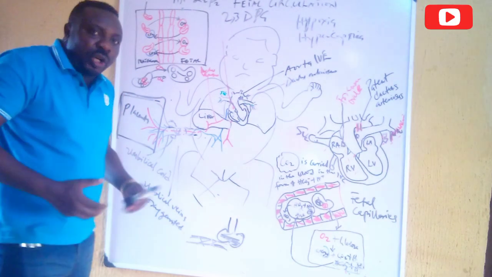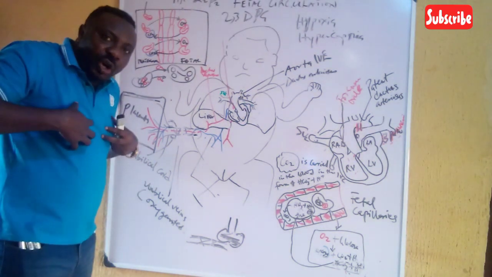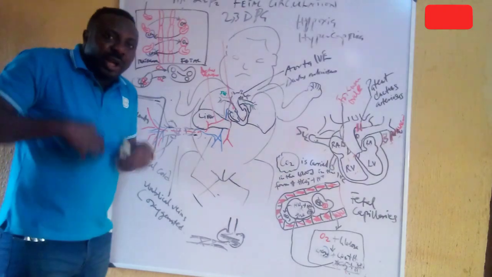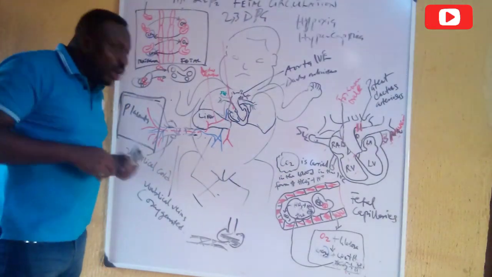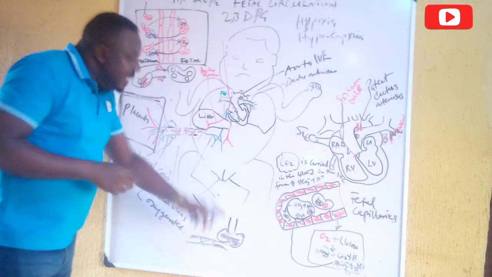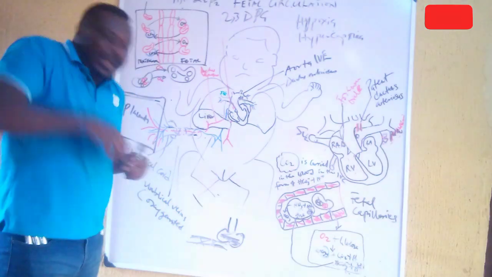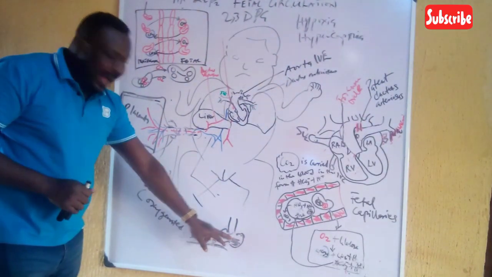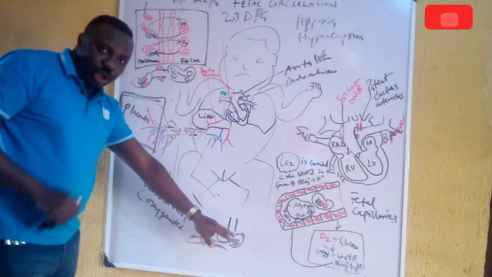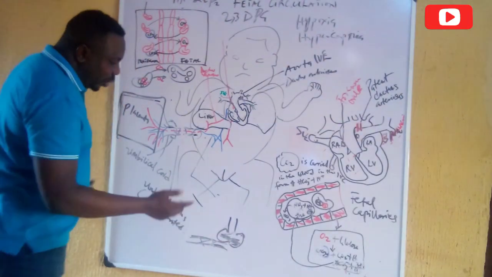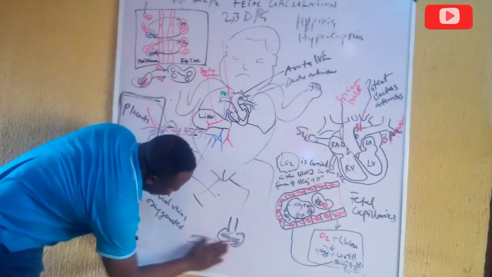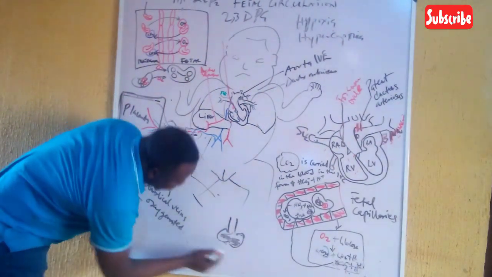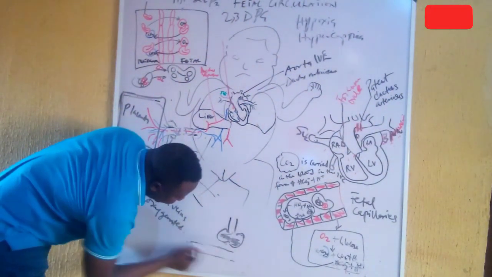Now, when respiration occurs, the pressure in the lungs will reduce. The reduction in pressure in the lungs is as a result of the fact that the air that the baby takes in replaces the fluid in the alveoli, and when that happens, the pressure drops. And also, the pulmonary capillaries that were initially constricted become dilated.